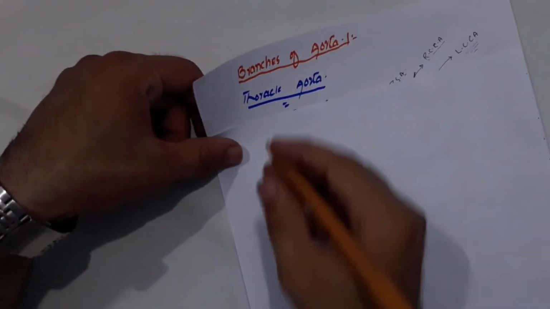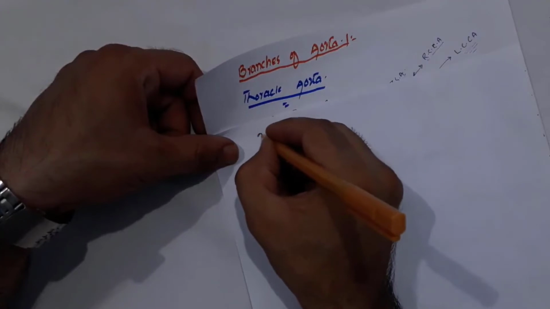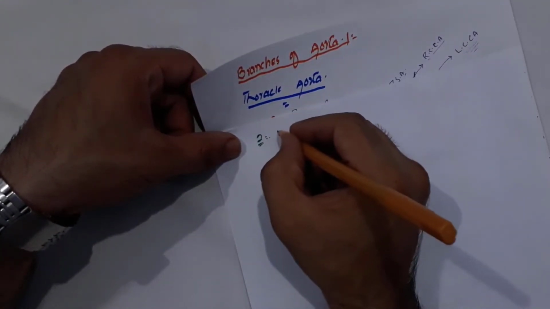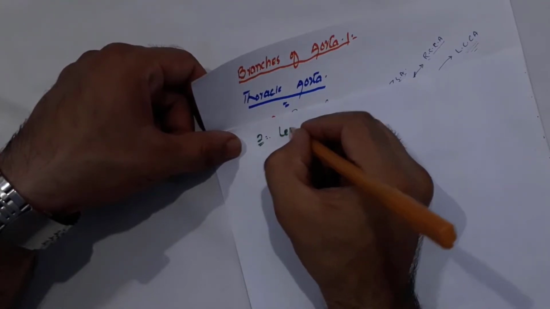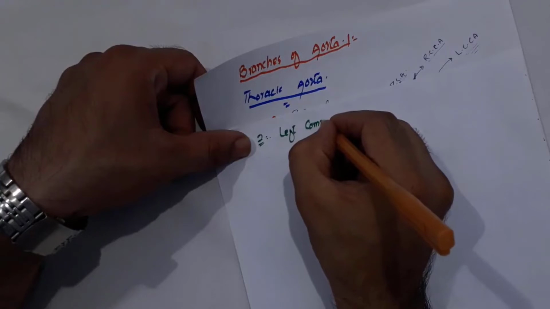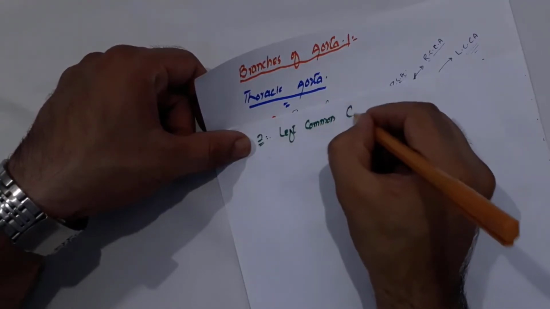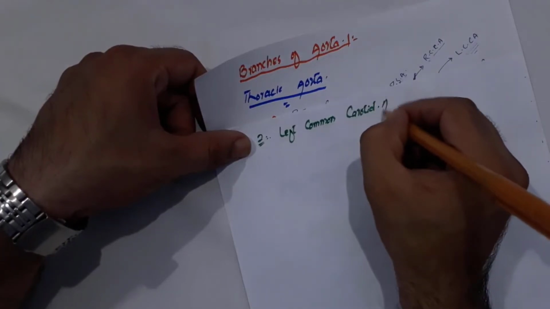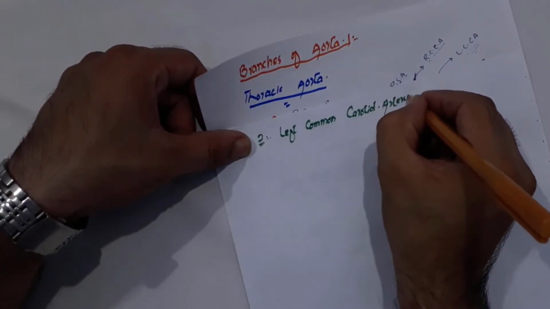So the second branch which arises from the aortic arch is the left common carotid artery.